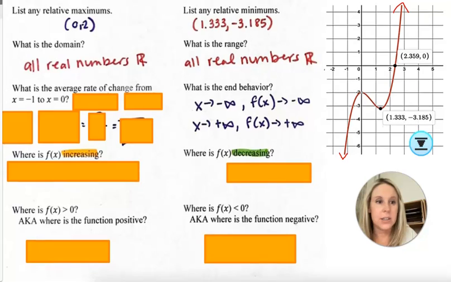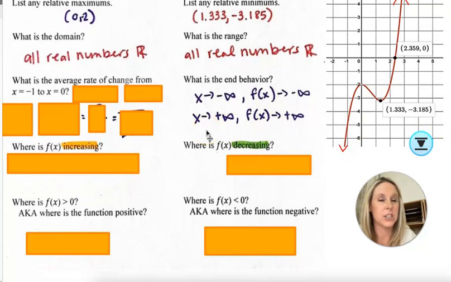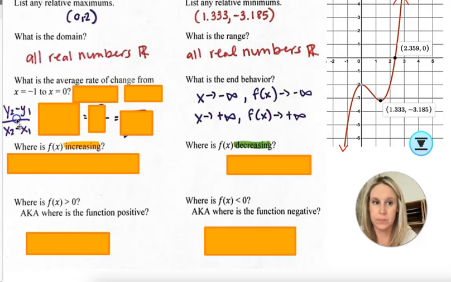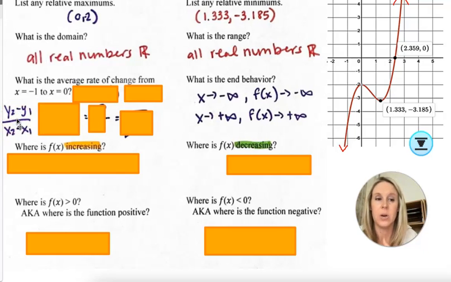All right. So the next question says, what is the average rate of change between x equals -1 and x equals 0? So if you'll remember from the last module, average rate of change is slope. And so it's our formula, y2 minus y1 over x2 minus x1.